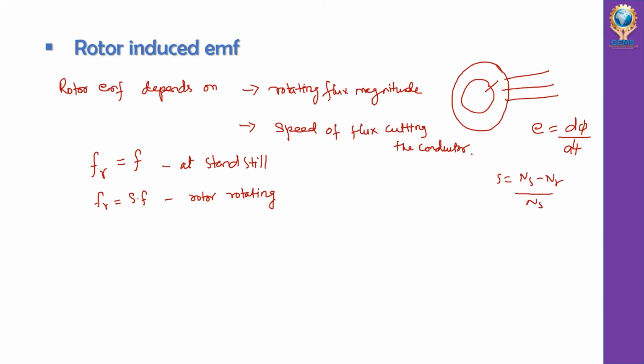At standstill condition, when the rotor is not rotating, we write the rotor induced EMF as E2 zero. Just as the frequency while rotating is S into F, here also the rotor induced EMF while rotating is equal to S into E2 zero.